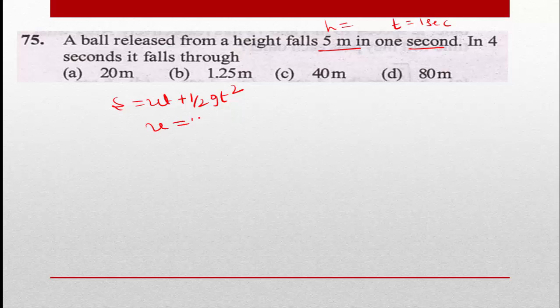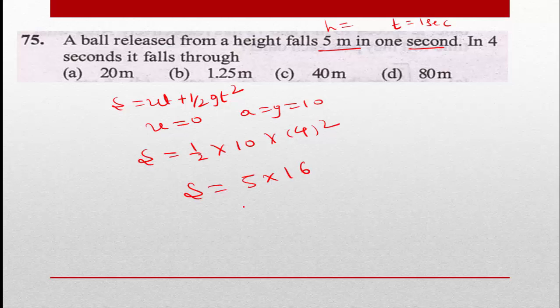For initial velocity u equal to 0, the distance traveled in the 4th second is s equal to 1/2 into g equal to 10 into t square, that is 4 square. Therefore s equal to 5 into 16. Again we get the same answer, s equal to 80 meter. Option D is the right answer.